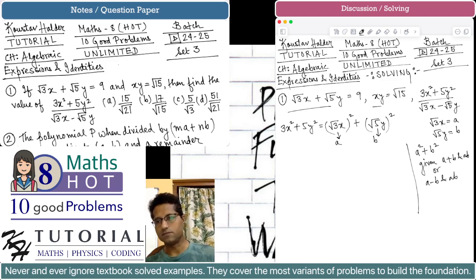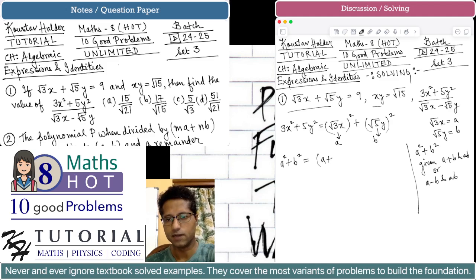If you are given the values of a plus b and ab, or values of a minus b and ab, you must be able to find the value of a square plus b square. We can express a square plus b square either in terms of a plus b and ab, or a minus b and ab. Since we are given root 3x plus root 5y, we will consider this expression.